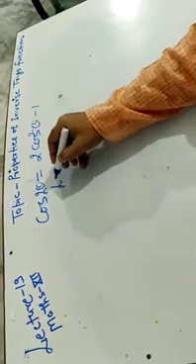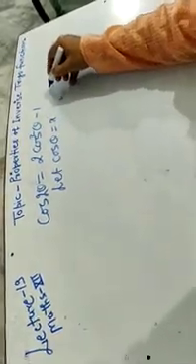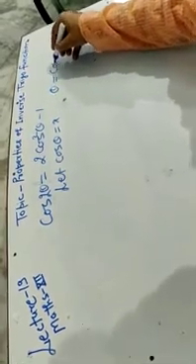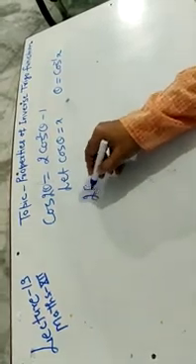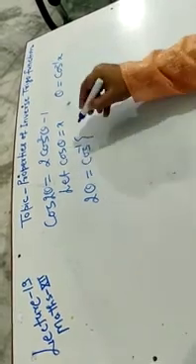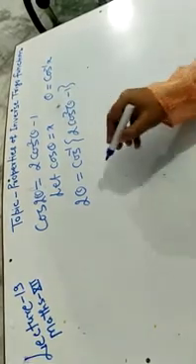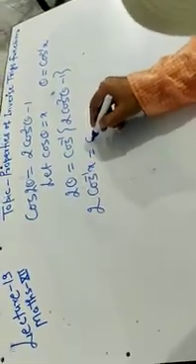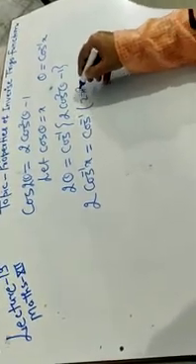Let cos theta equal to x, theta equal to cos inverse x. Now 2 theta equals cos inverse of 2 cos square theta minus 1. Instead of theta, cos inverse x, so 2 cos inverse x equals cos inverse of 2x square minus 1.